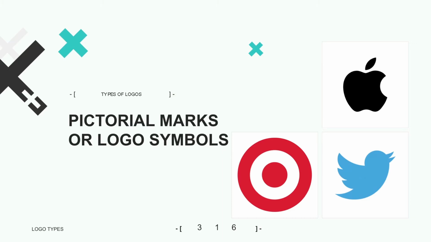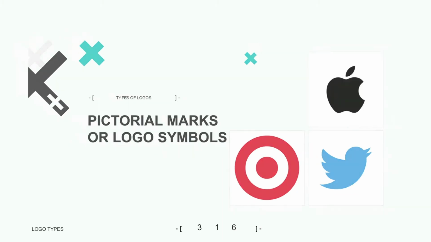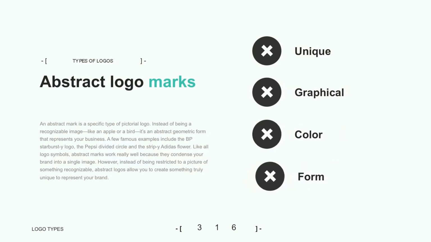Now let's move on quickly to the very next one, which is the abstract logo marks. An abstract mark is a specific type of pictorial logo. Instead of being a recognizable image like an apple or a bird, it's an abstract geometric form that represents your business. A few famous examples include the BP Starburst logo, the Pepsi divided circle, or the striped Adidas flower.